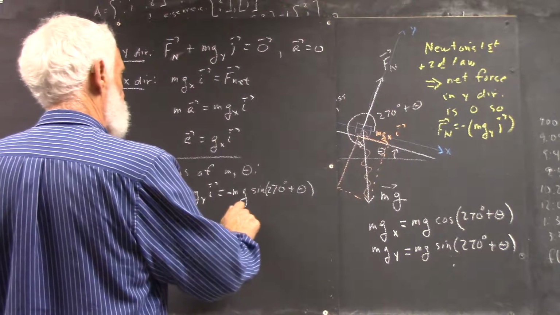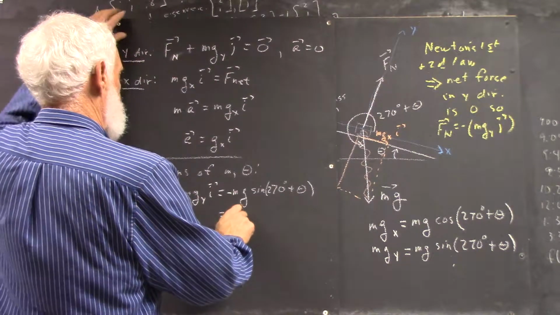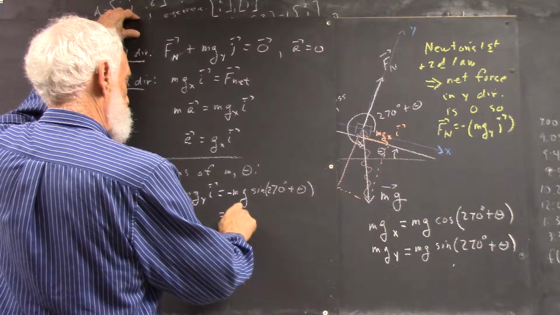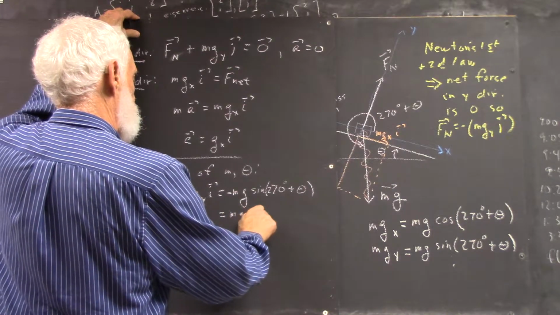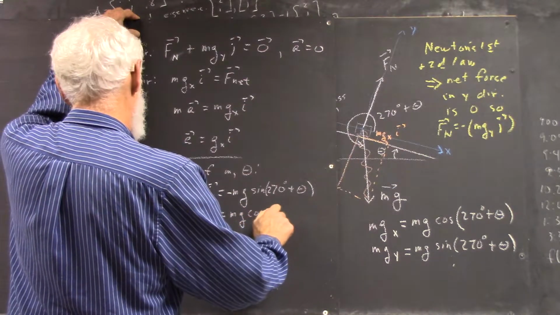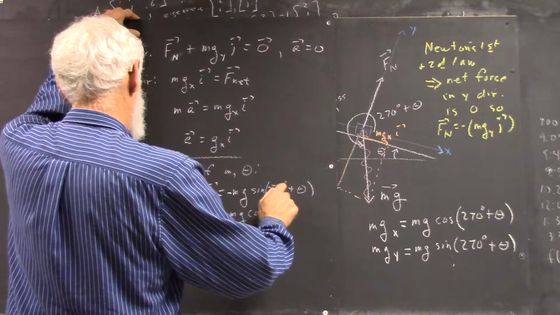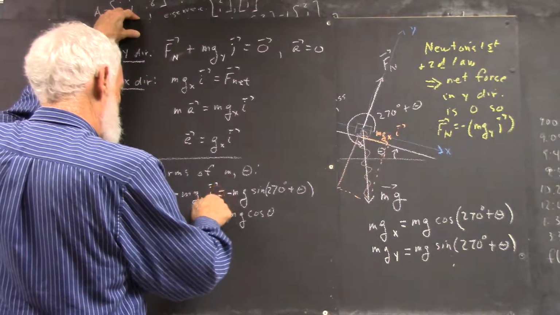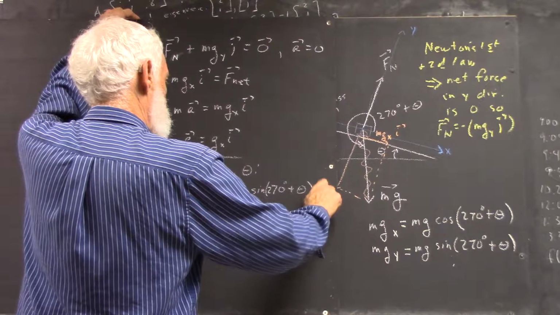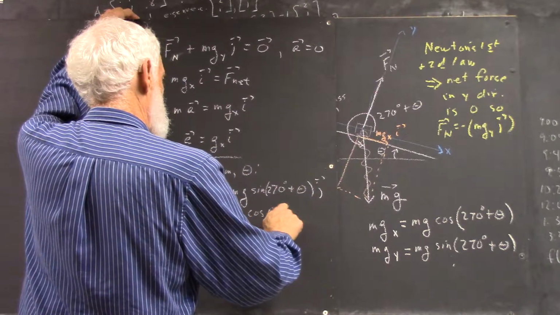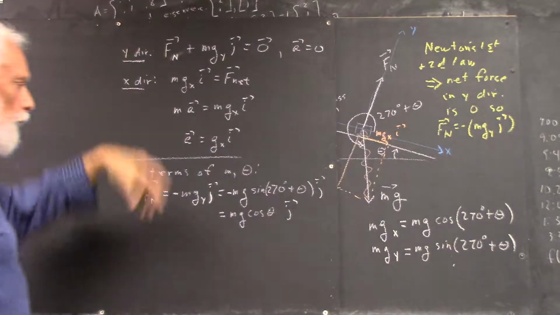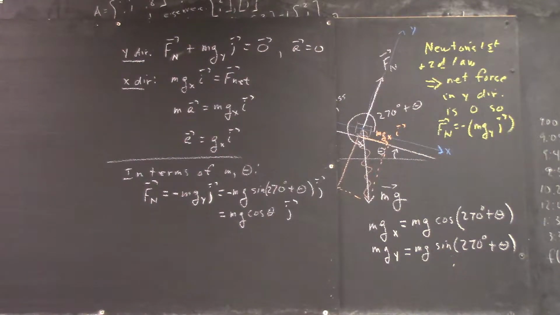And that equals mg cosine theta times j.